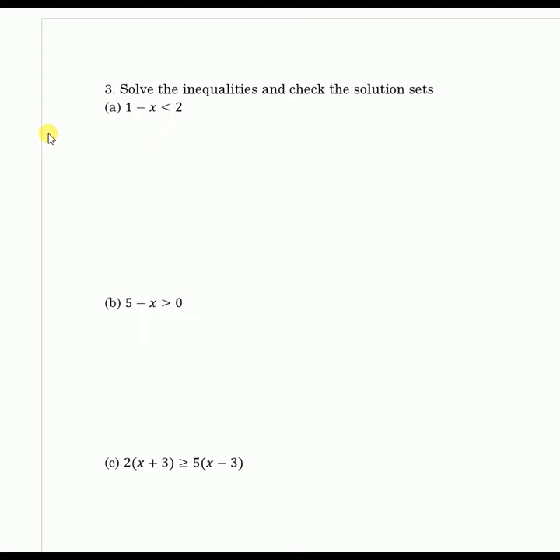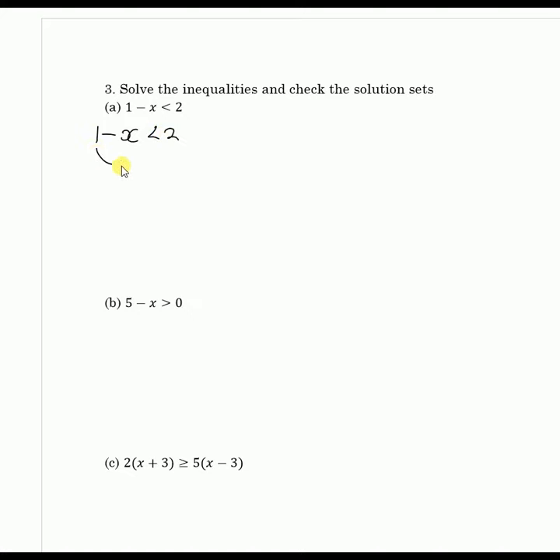Question 3. Solve the inequalities and check the solution set. We are still continuing with the solutions of inequalities. Now we shall have 1 minus x less than 2.